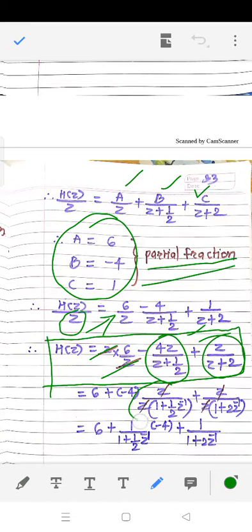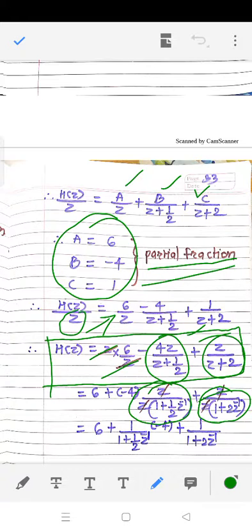See here, because we have to convert the given filter, which is converted by partial fraction expansion, into the standard form. So in the standard form conversion, we take z common from the denominator, so we get 1 plus 1 by 2 z inverse as well as 1 plus 2 z inverse, correct?